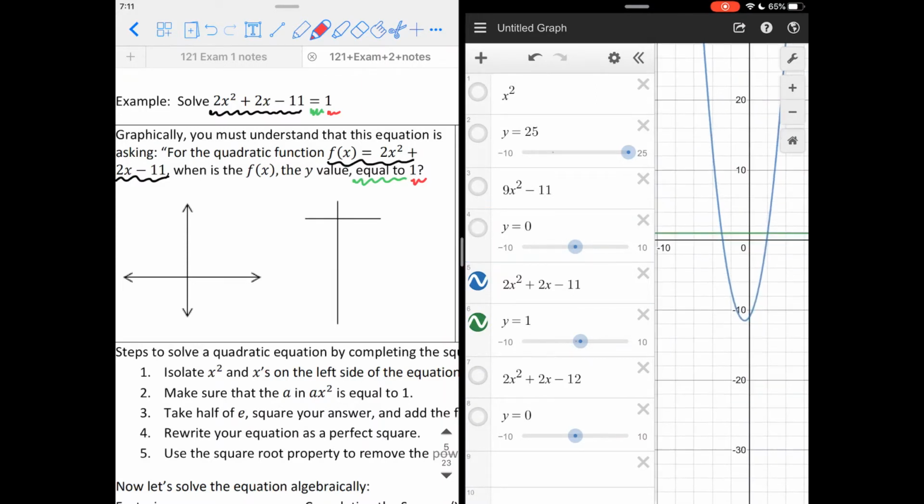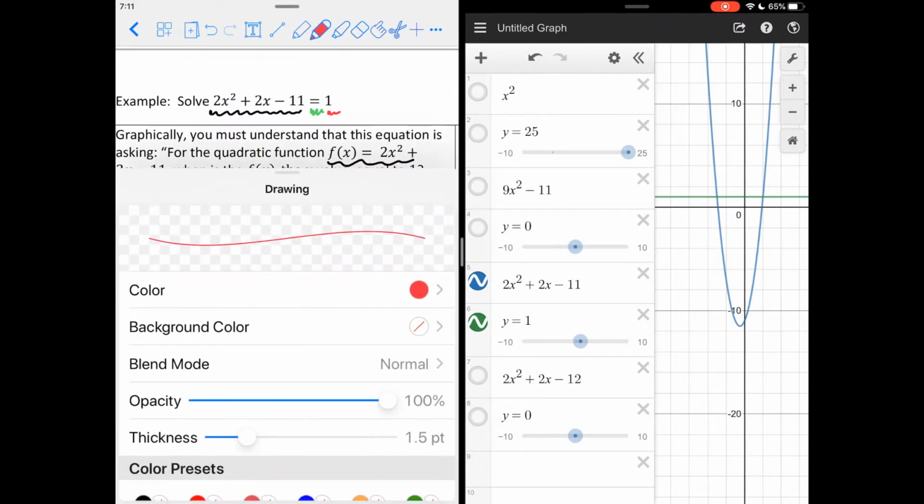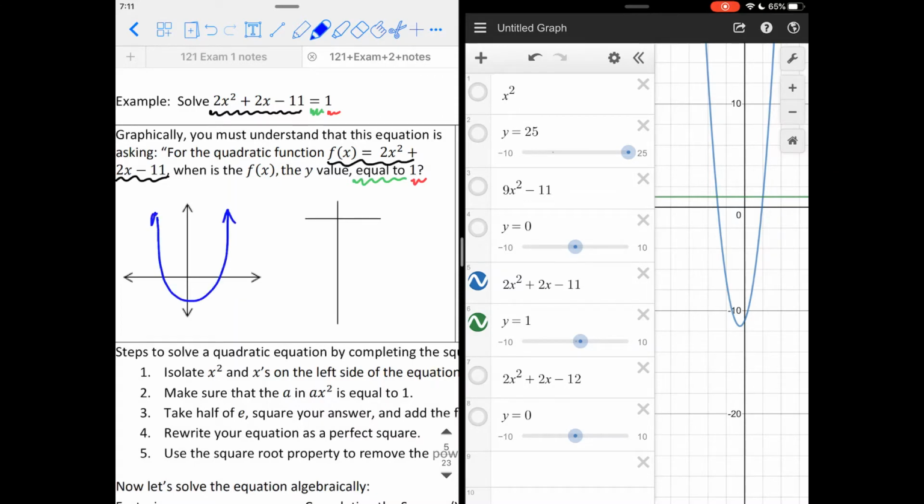I'm going to do a little sketch on my notes here, trying to mimic the colors that we have so we can see which one is which. So here this is the 2x squared plus 2x minus 11, and the equal to 1, we had it in green.